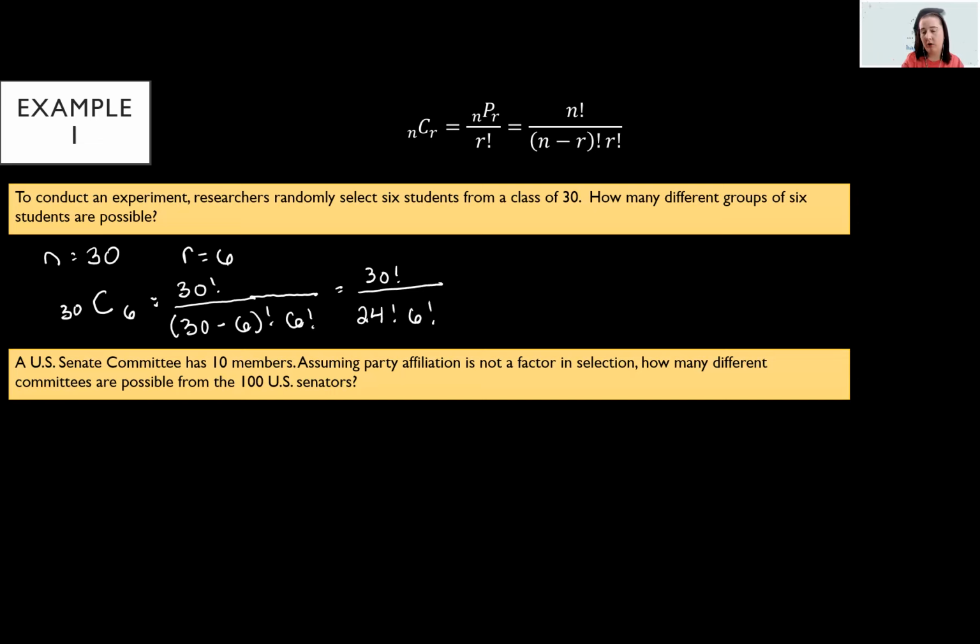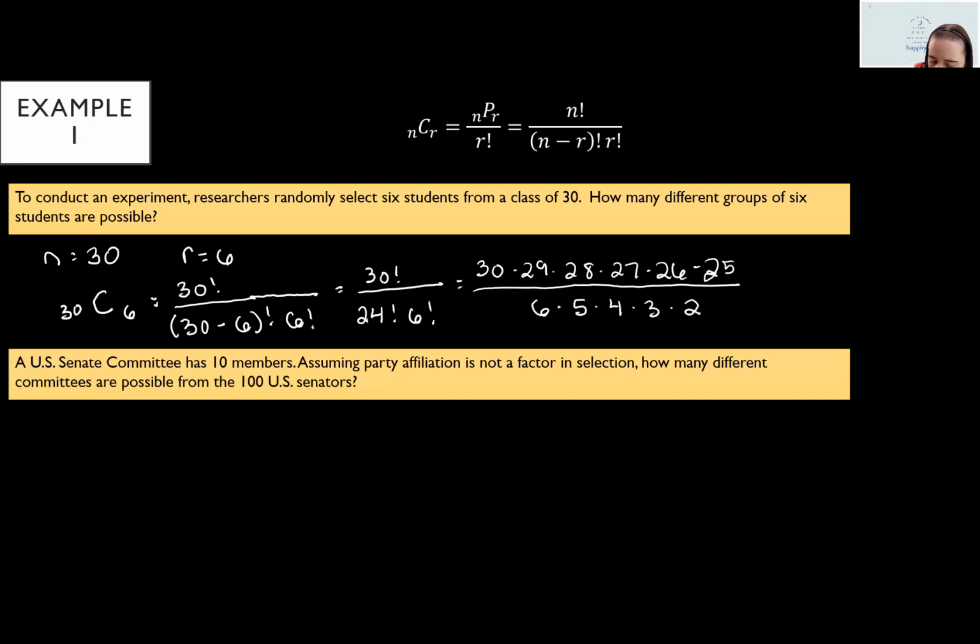So at some point, you're going to be able to cancel out the 24 factorial, because you're going to have 24 times 23 times 22 and so on on top. So those will cancel out. So this would be 30 times 29 times 28 times 27 times 26 times 25, because the rest of it will cancel out with the 24 factorial. And then 6 times 5 times 4 times 3 times 2 times 1, the 6 factorial.